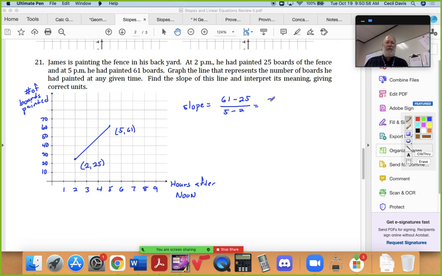That's 36 over 3, which is 12. And notice the units on top, this is also why you really want to label these. The units on top were number of boards painted, and this is in hours. So the units on this is boards painted per hour.